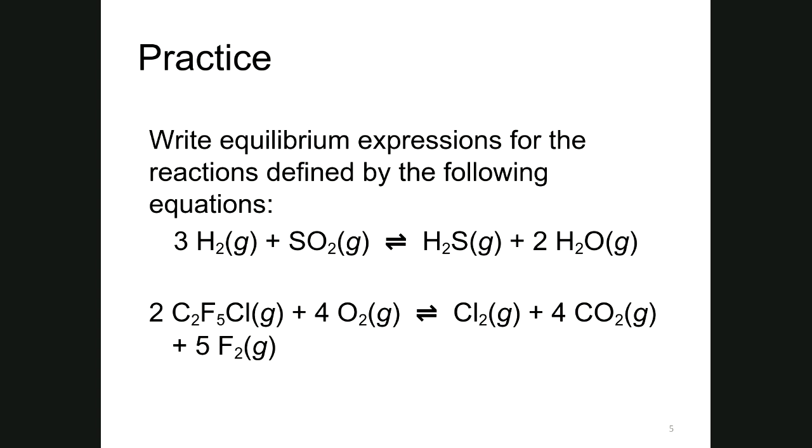For our first one, I'm going to write it up here just so that there's a little bit more room. Again, you can write it as Kc or Kp. The most common method is Kc, so I'm just going to write it using the concentration brackets. So K is equal to, we take the products, so it's going to be H2S times H2O, and H2O is going to be squared because its coefficient is 2.